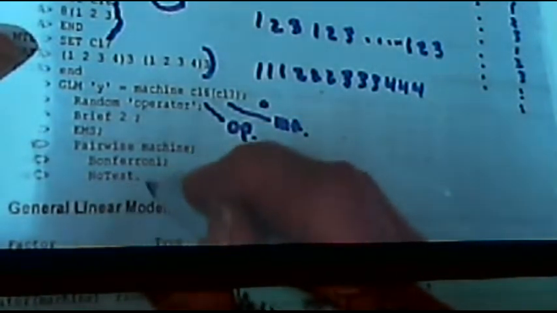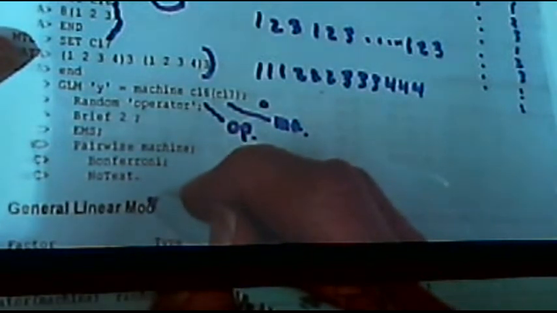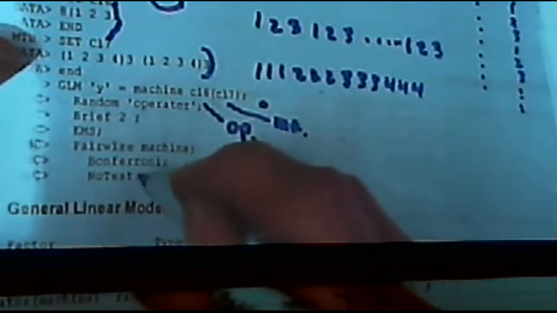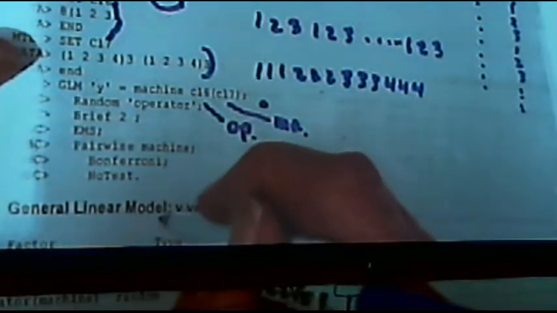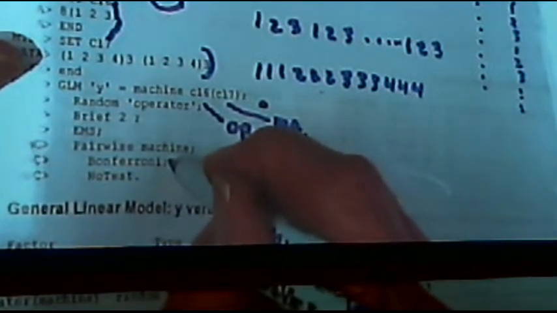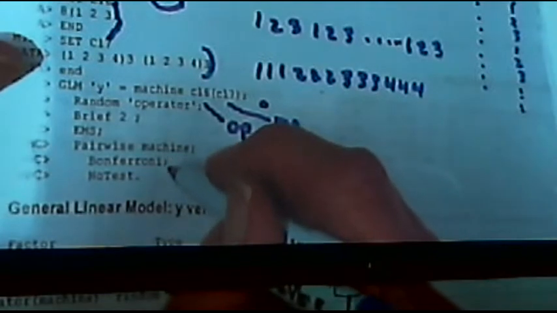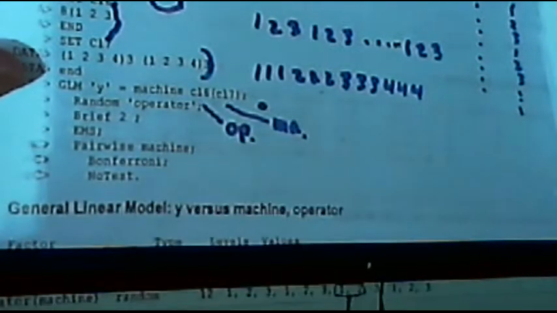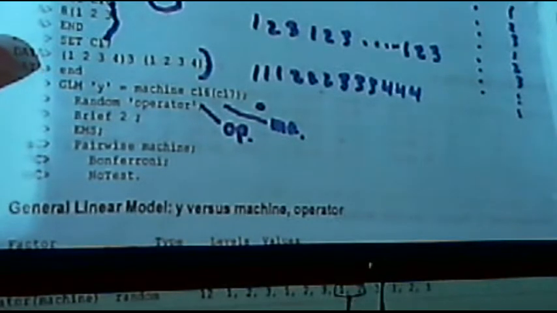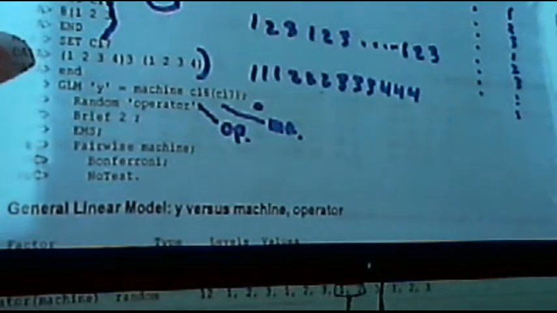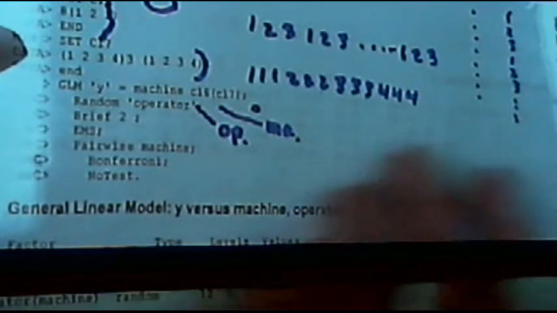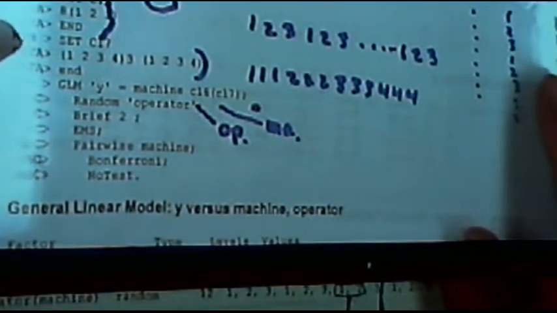It says no test, so maybe I'm not asking for tests. Maybe I'm asking for confidence intervals, but I want pairwise Bonferroni confidence intervals on the sheet. Now, these aren't lines that I type. These are checkoff boxes in Minitab. So I just checked off those things, and this is what it produced.